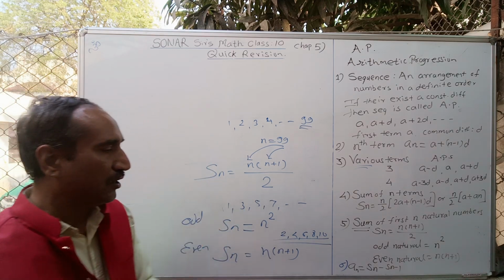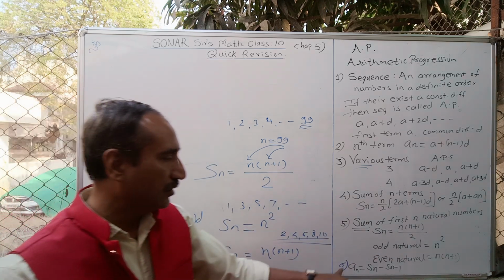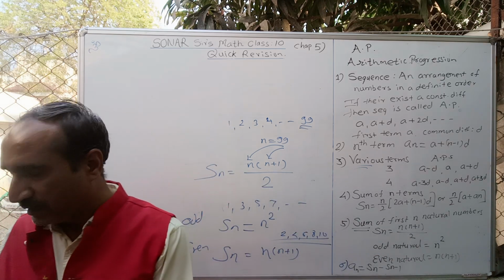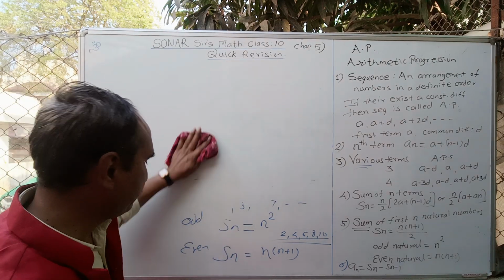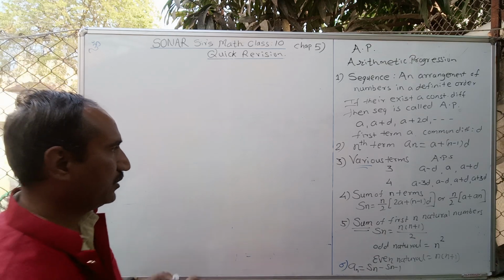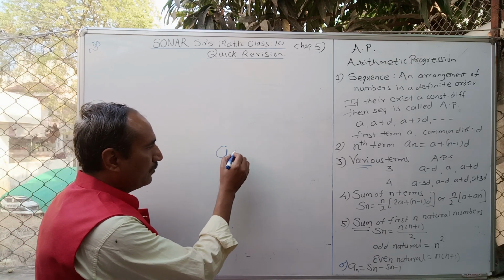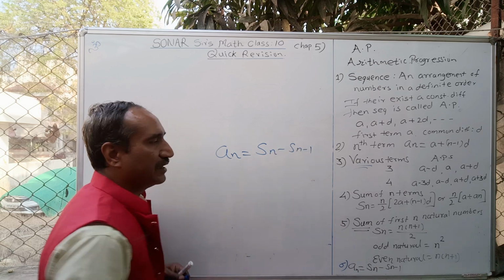Now the last one is, if the sum is known and we have to find a particular term. When the sum of the terms is known, at that time we have to find the term. We can find this by formula: the nth term is equal to Sn minus Sn minus 1.